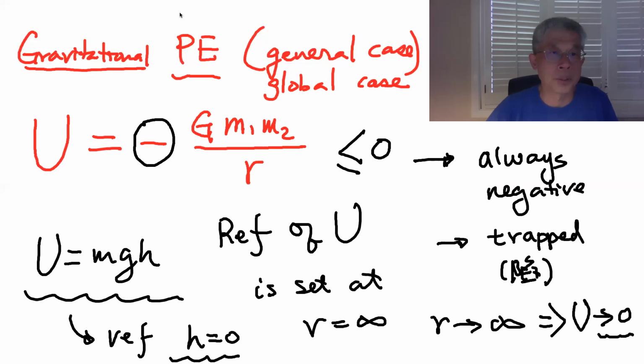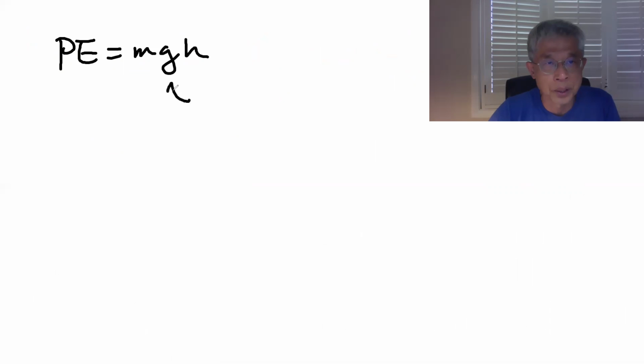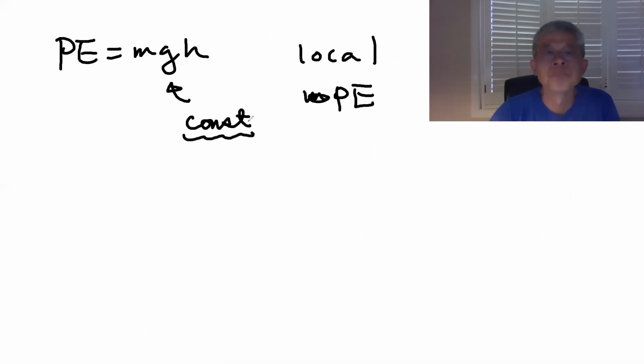That is the important distinction you got to make. Remember when we say PE is equal to mgh, one difference is this is a local potential energy. The g more or less has to be constant, that's when you're using this formula.